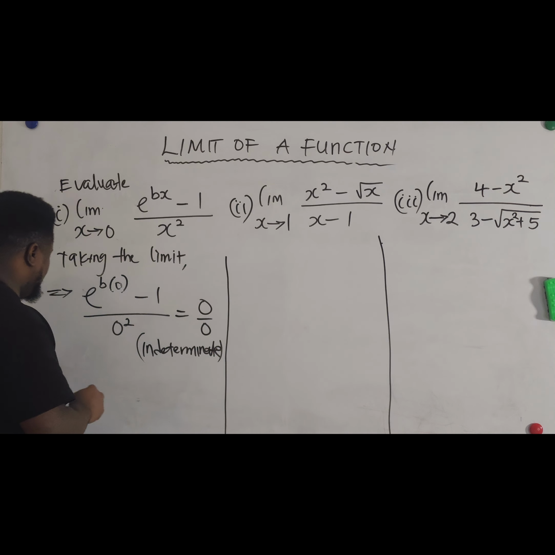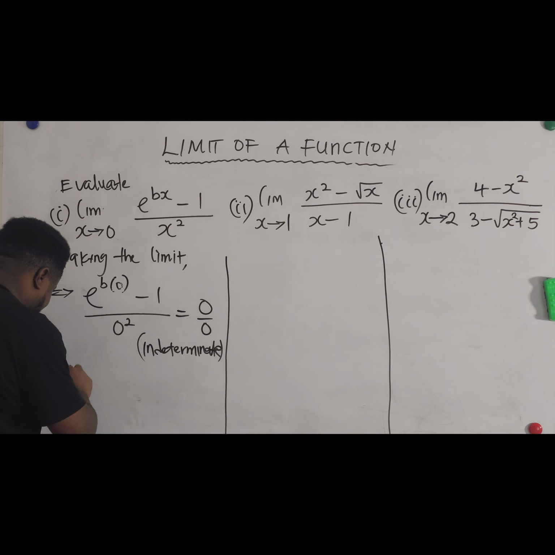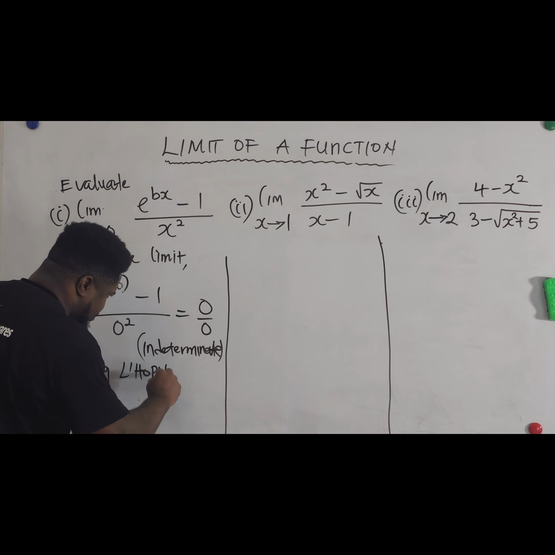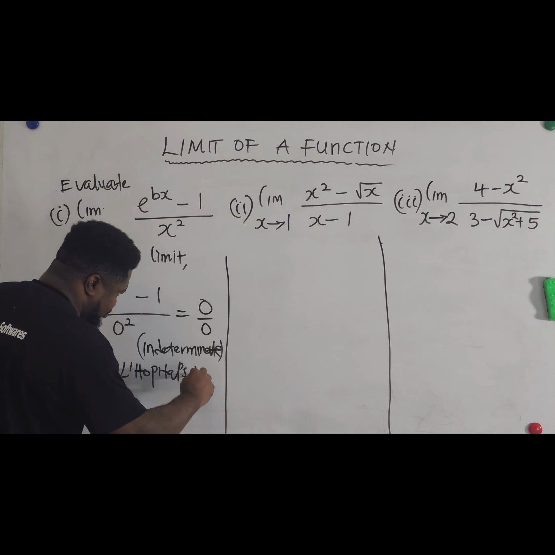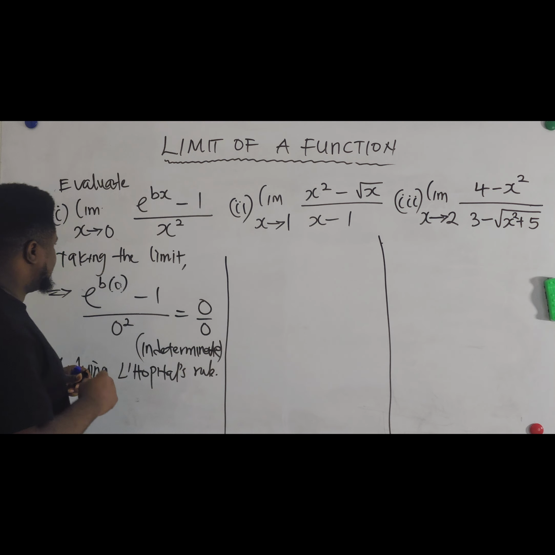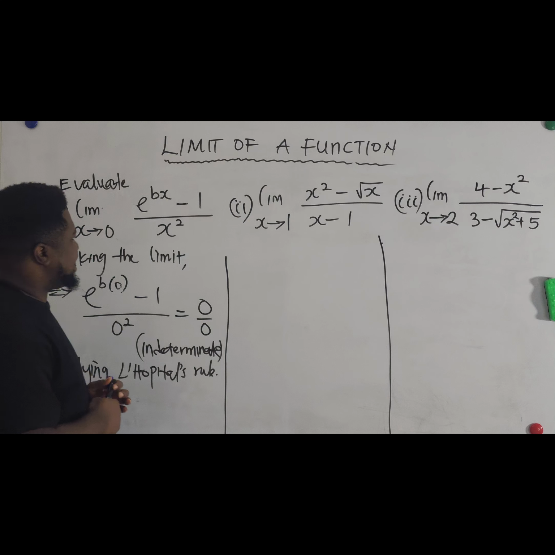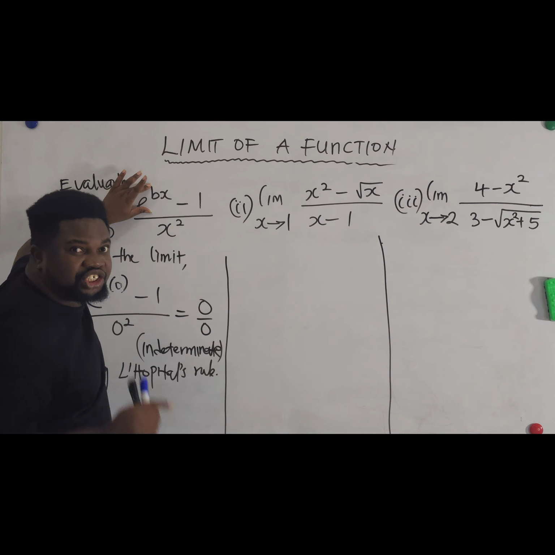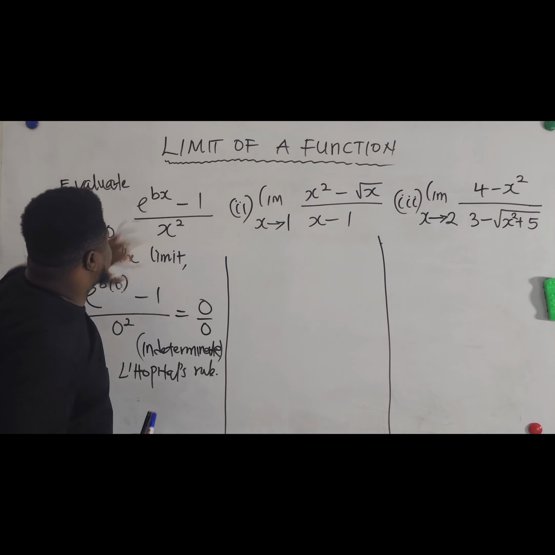So what do we do? We apply L'Hopital's rule. Applying this rule is simply differentiating the functions that gave us 0 over 0 individually.